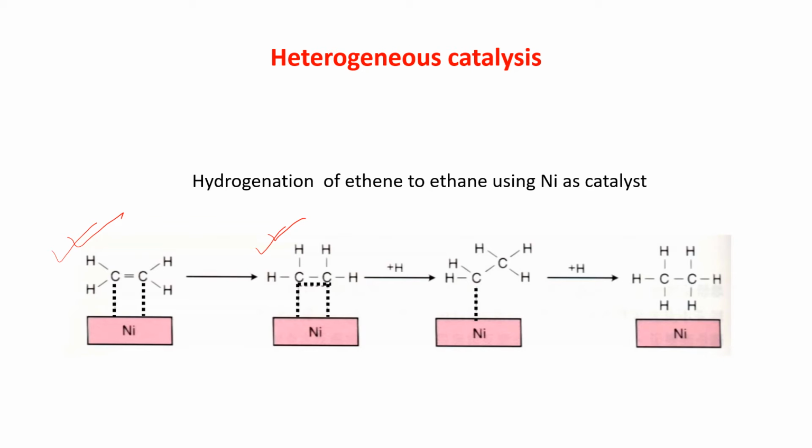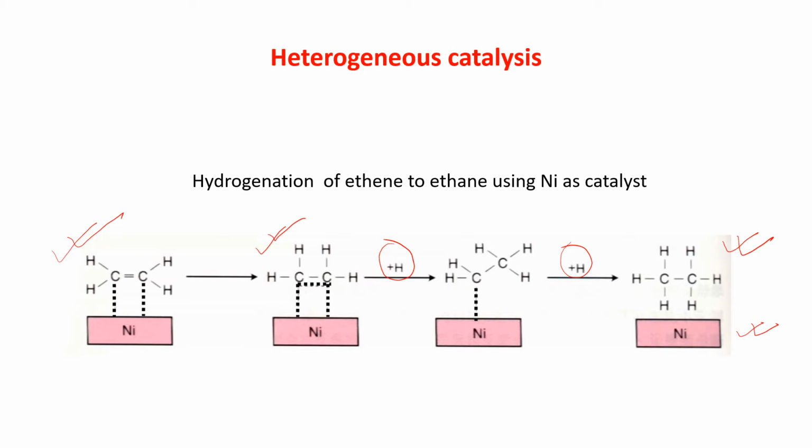Now after that, when the hydrogen is reacting with that, nickel is attached loosely with one carbon atom, and then with the second hydrogenation, nickel is coming out. It is not taking part in the reaction, it is acting as a catalyst here, and we are getting ethane.